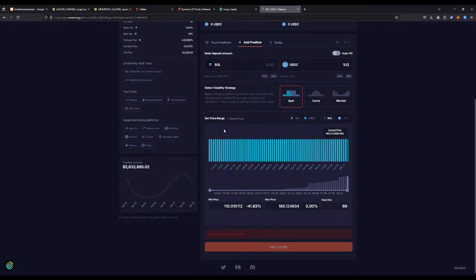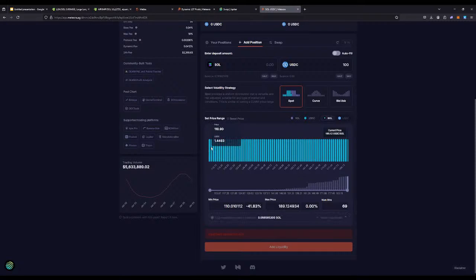This is the most basic method, wherein when I put in $100 liquidity into this pool, it'll be divided equally across all 69 bins. If you see, at this bin the price is 110, and we also have $1.44 from our liquidity if we add $100.